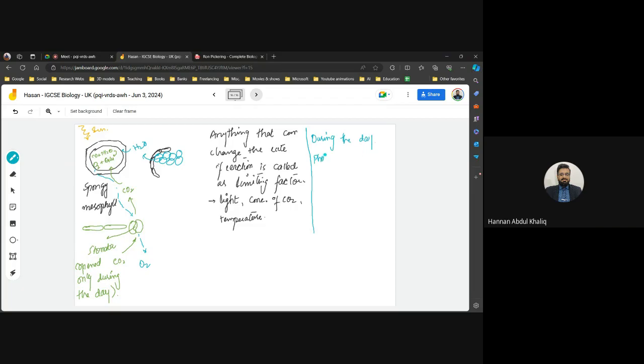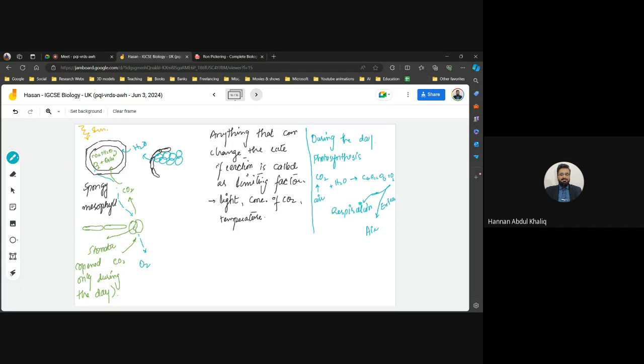Photosynthesis is occurring, and photosynthesis means that you are taking the carbon dioxide from the air and releasing the oxygen. This oxygen is always extra. The extra oxygen is released into the air, and the necessary oxygen is used in the process of respiration.